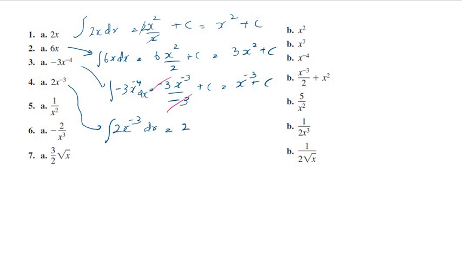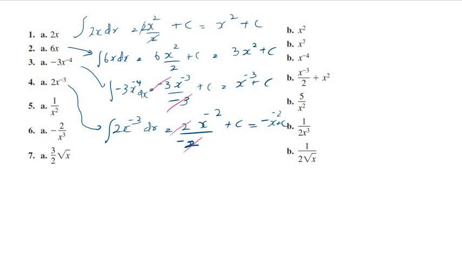So it will be 2 divided by minus 2, x to the power minus 2 plus c. So we can cross these off as a different color and we'll go back to the original color. So we would get here minus x to the power minus 2 plus c.